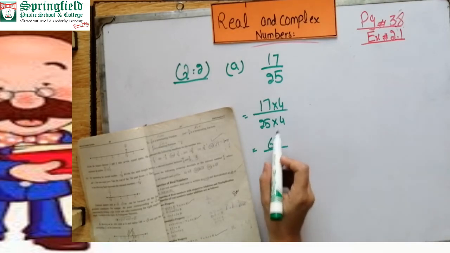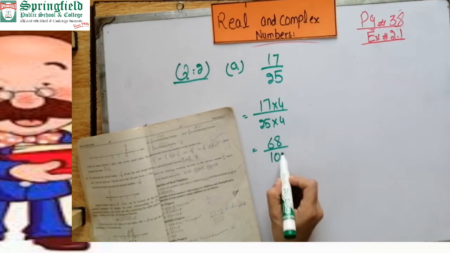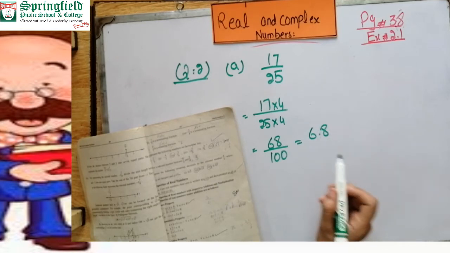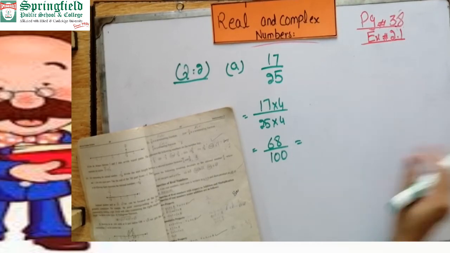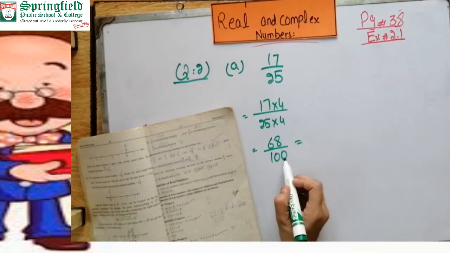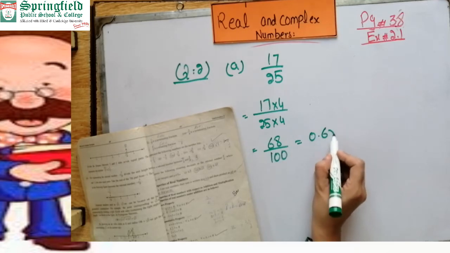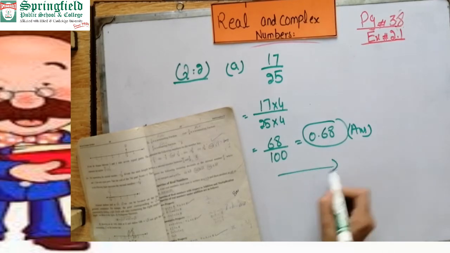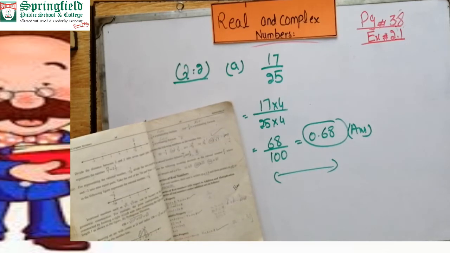You can check on the right side, and 4 multiplied by 25 is 100. By the division rule, how many zeros are in the denominator? 2. So we place the point here: 0.68. This is your answer. Understood, beta? 0.68 is your final answer. Okay, the rest of the questions are your task.